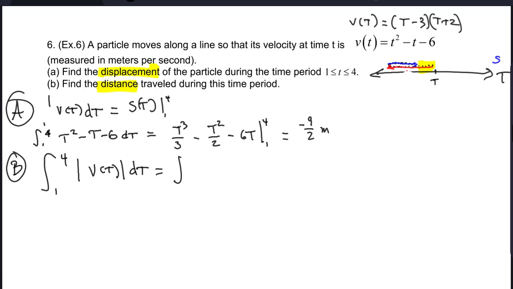And when does that equal 0? Time equals negative 2 doesn't really make sense, plus it's also not in our domain. But the other factor, t minus 3, equals 0 when t equals 3. That's a critical number inside this time interval.